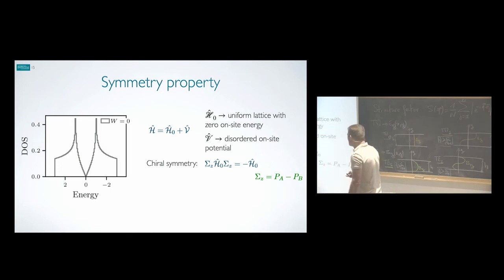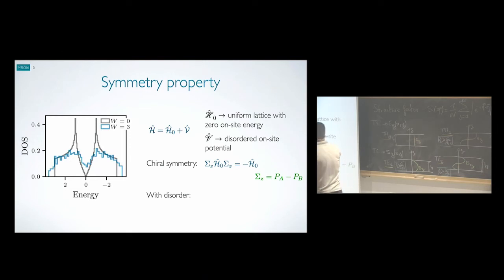Okay, so this is the situation without any disorder. Of course, if you put disorder, you break this symmetry, and this is one example of the density of states in the presence of moderate disorder, and we break the symmetry immediately.